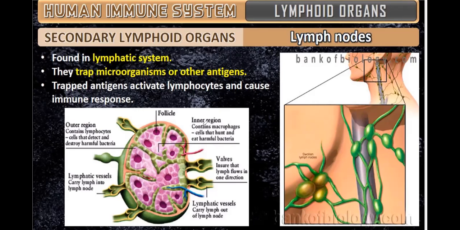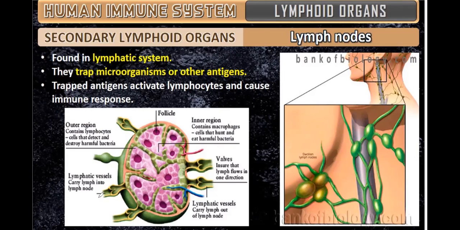There is an inner region containing macrophages, cells that hunt and eat harmful bacteria. Through these lymphatic vessels, the lymph will come inside the lymph nodes, and here there will be some macrophages. They will be hunting and eating harmful bacteria. There are valves; these valves always open in only one direction.